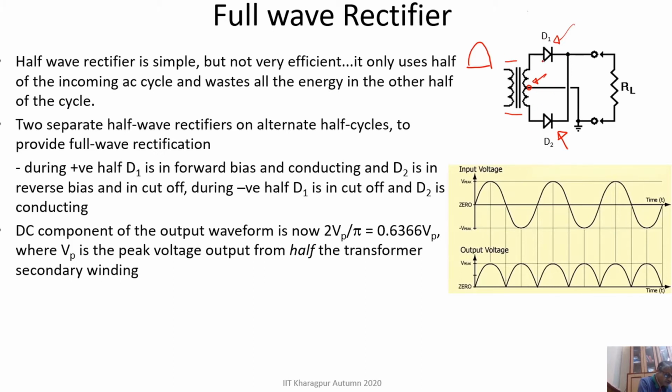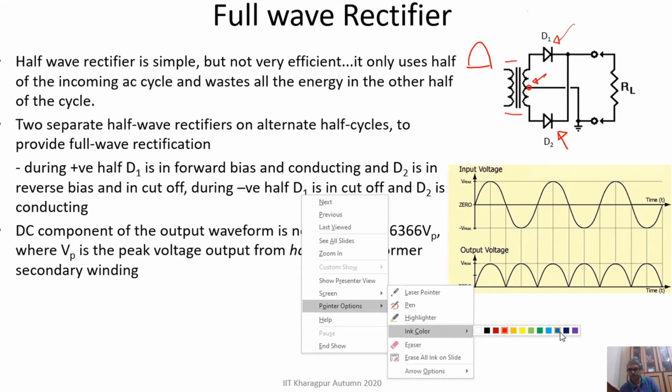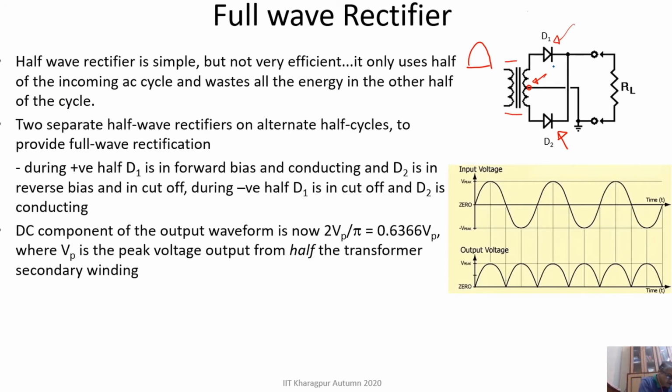So when it is in the positive half, the diode is on, and the current will flow like this. Current will go through here and come back through this path. So this is when D1 is on.